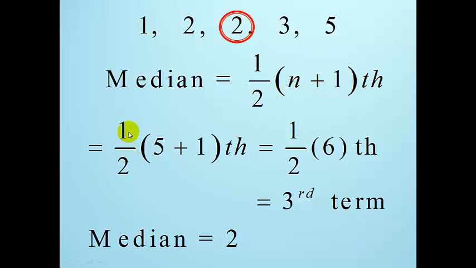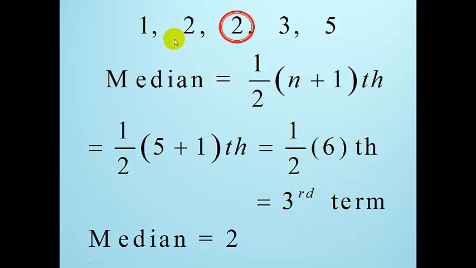So we substitute 5 wherever we see n. So we have half of 5 plus 1. Now 5 plus 1 is equal to 6. So we have half of 6, and half of 6 is equal to 3. That is the third item.